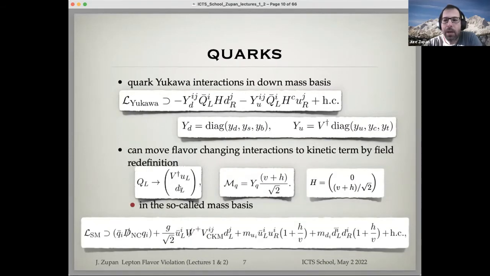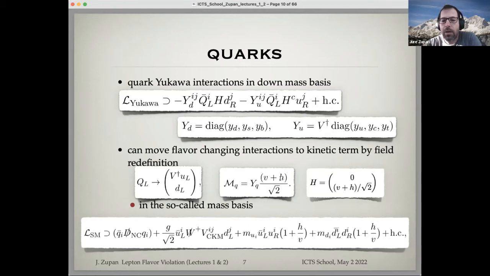I go and add everything after the electroweak symmetry breaking. I don't have to keep the up and down quarks tied together. I can redefine what U left is by taking the CKM there. The mass matrices will have a contribution from the Higgs vev. So I can write a Higgs-dependent mass matrix, which will also give me the Higgs coupling.